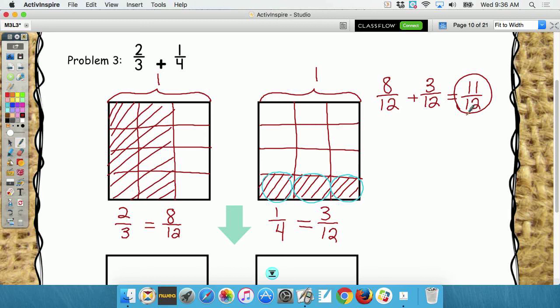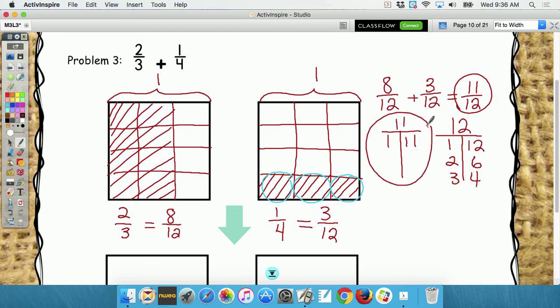Julian, what do you think? When you factor them, they're not going to have the same numbers. They're not. Tell me what you write here. 2 times, 3 times. Look at 11. The only factors are 1 and 11.